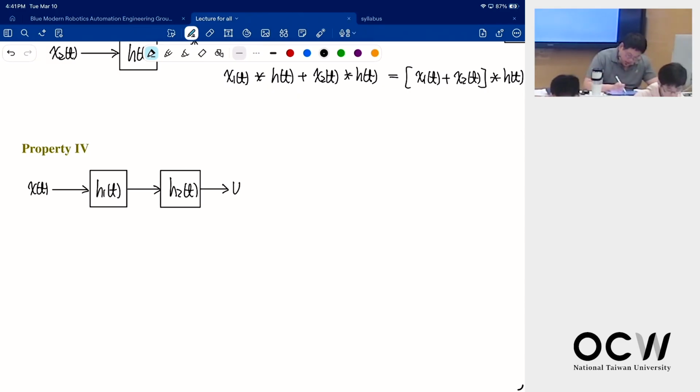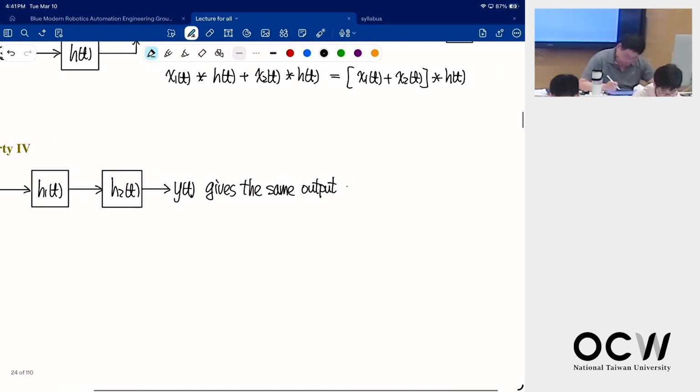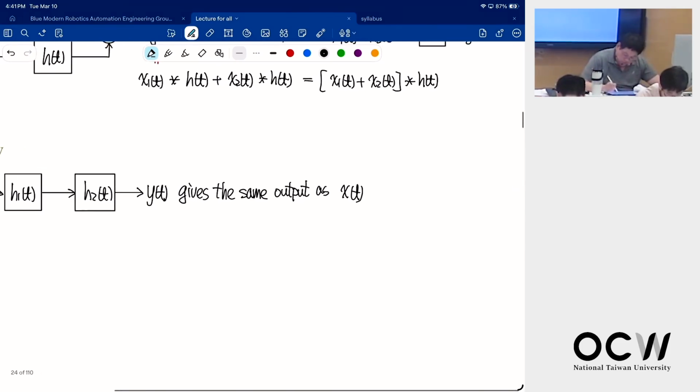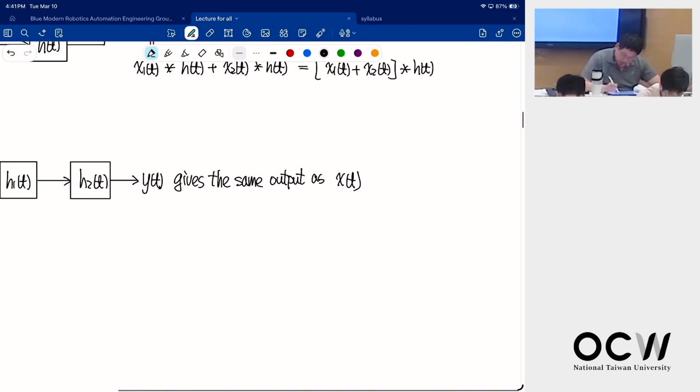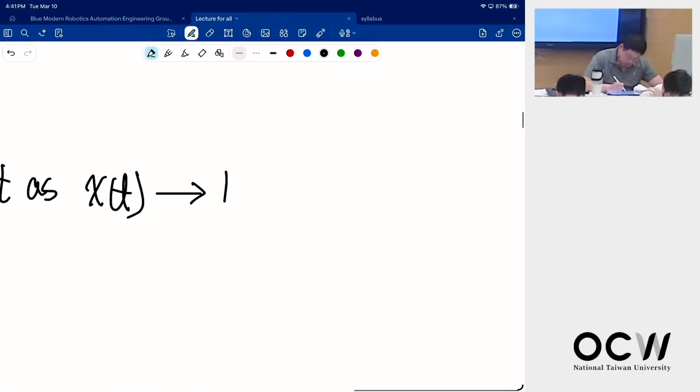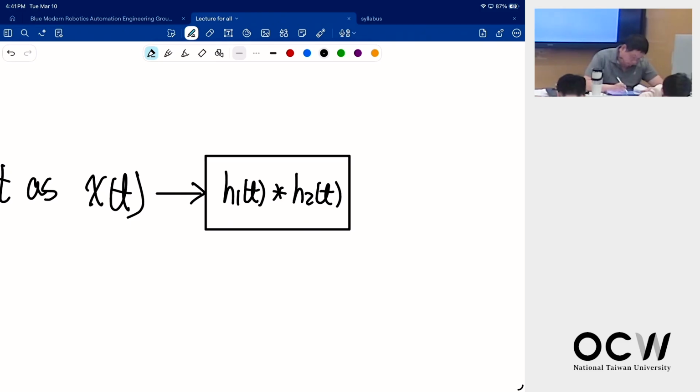And then I have an output, and this will also give the same output as the input x going to just one system. This is h1 convolved h2. This is the whole system. Okay, you will also get y.